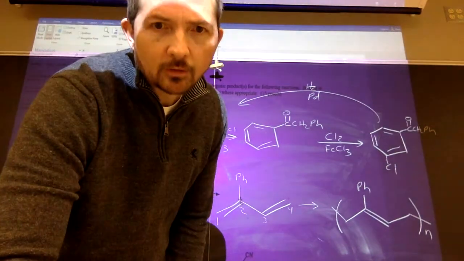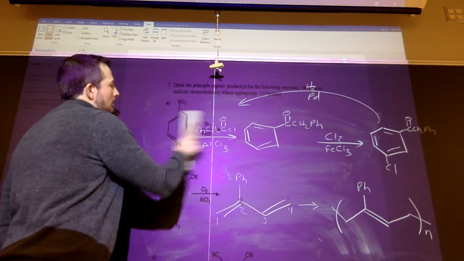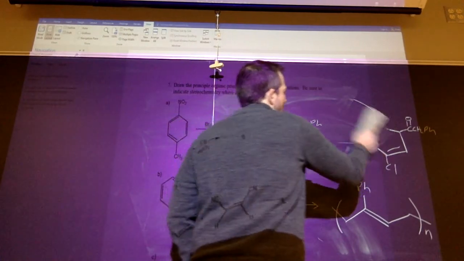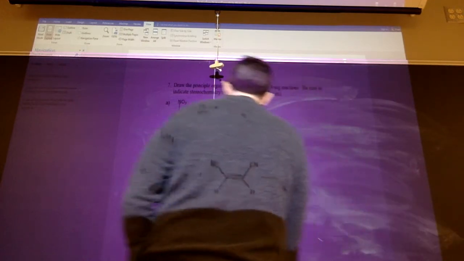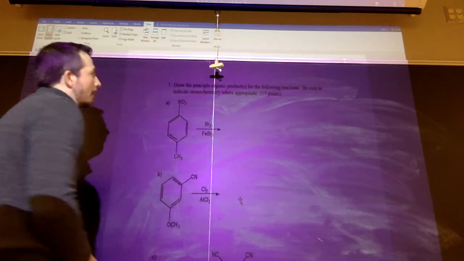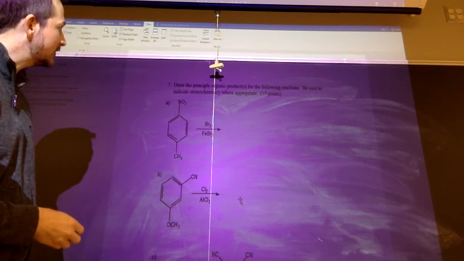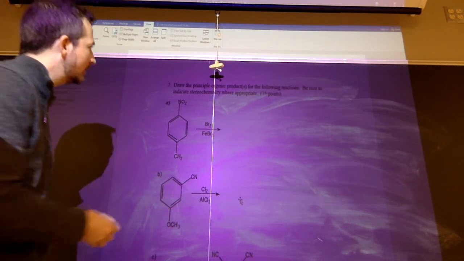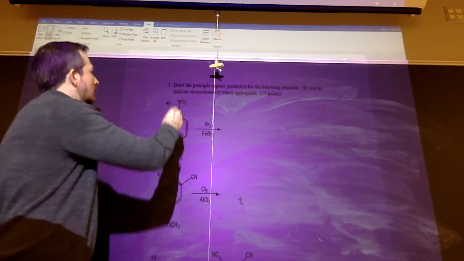So let's look at the reaction page. So draw the principal organic products for the following reactions. Be sure to indicate stereochemistry where appropriate. I've got 2 different things on the ring here.